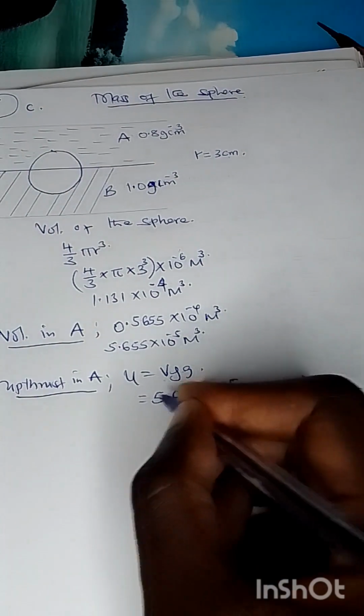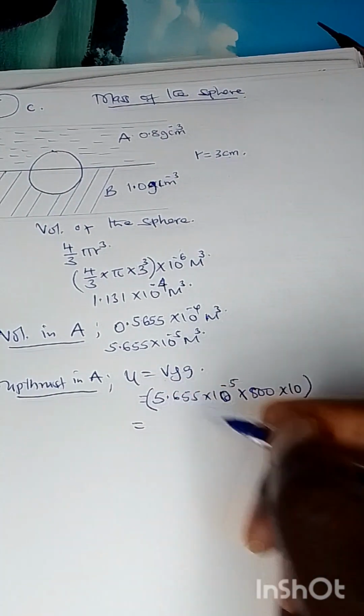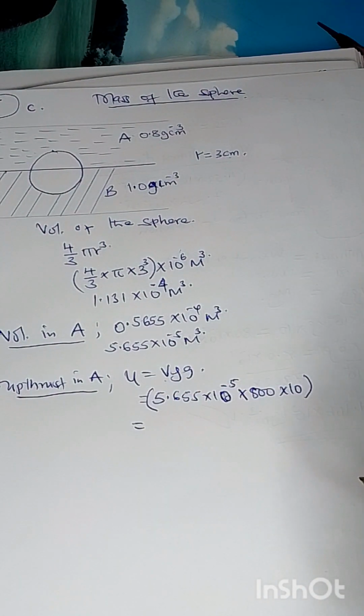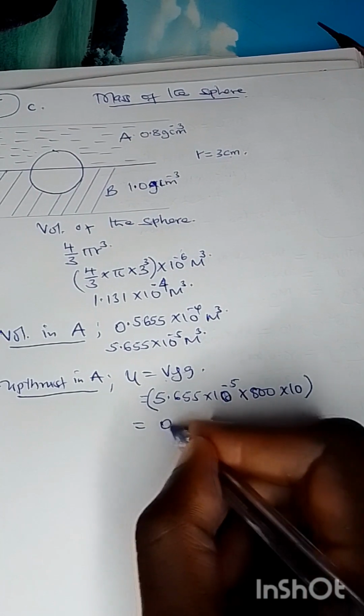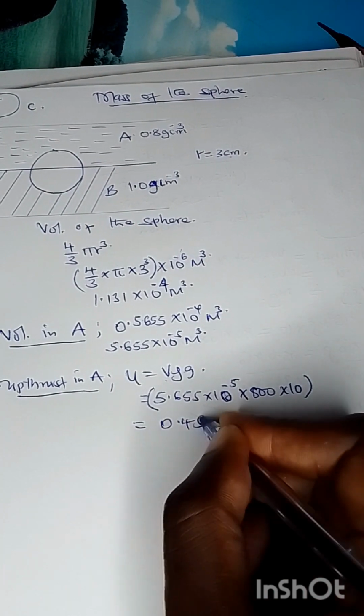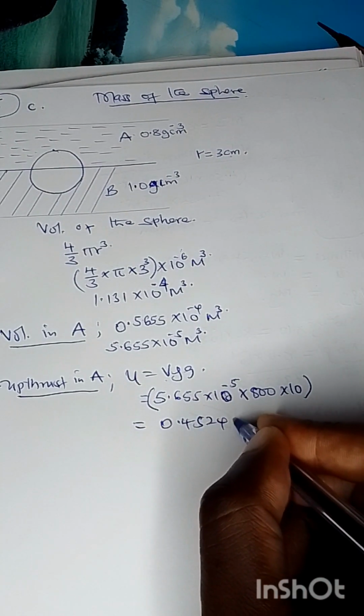Once that is done, we get the upthrust to be 0.4524 newtons.